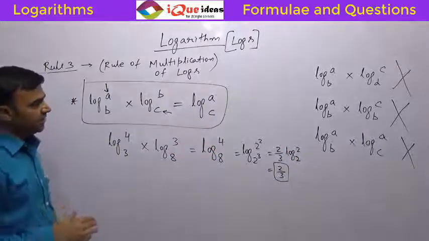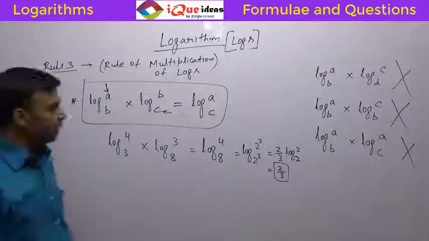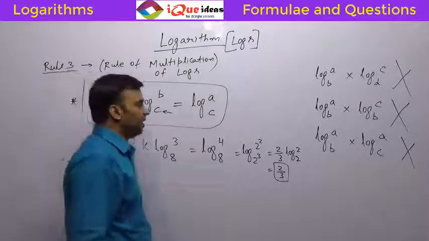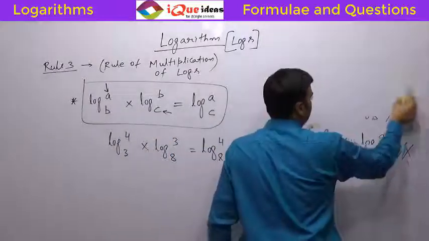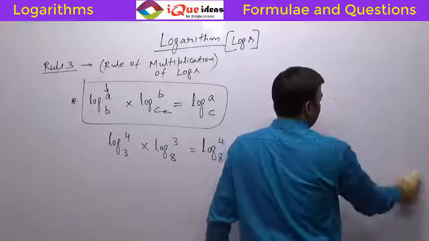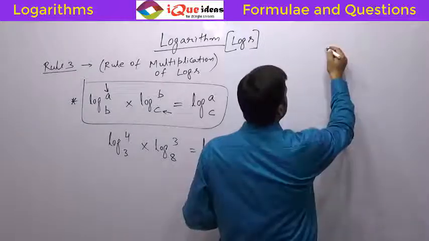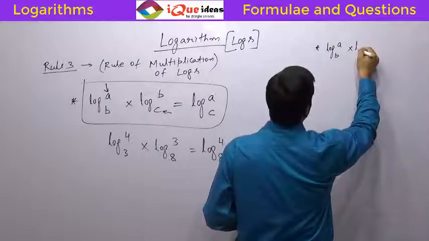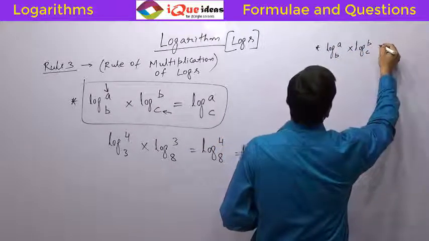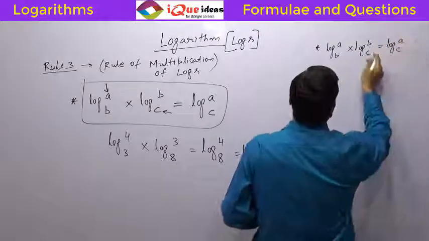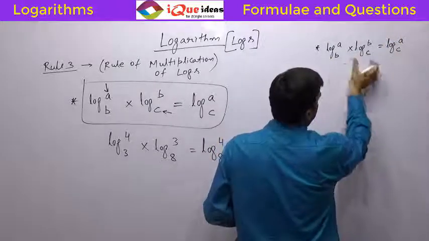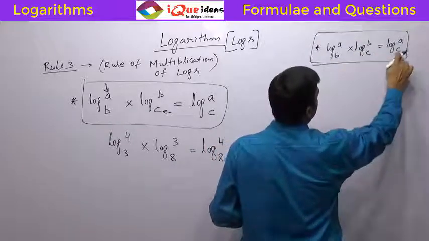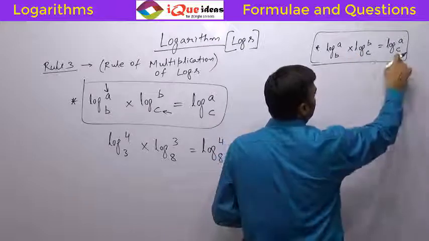Alright. So please understand that the multiplication of logs is possible only if the base in one log is the same as the number in the other log. Let's write down the rule here again. The rule is log of a to the base b into log of b to the base c is equal to log of a to the base c. Now, if I send log b to the base c to the other side, it will be divided.